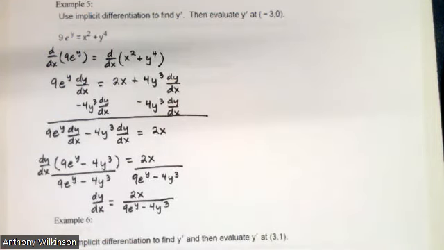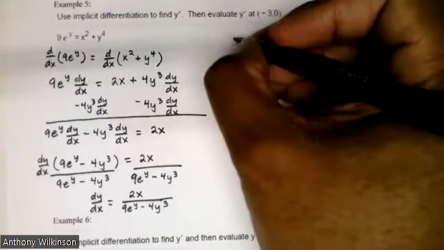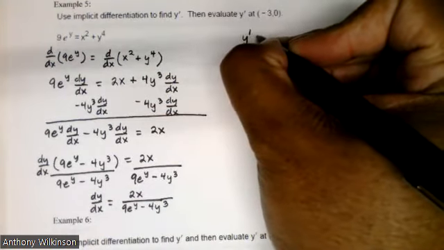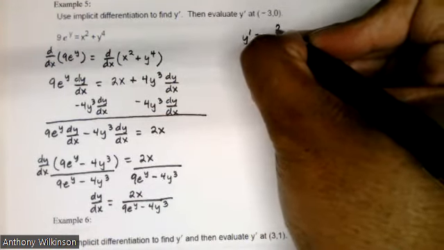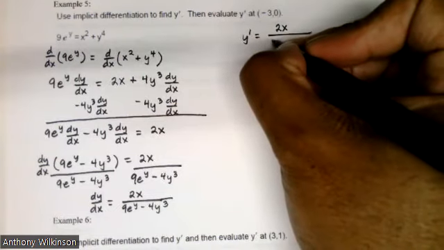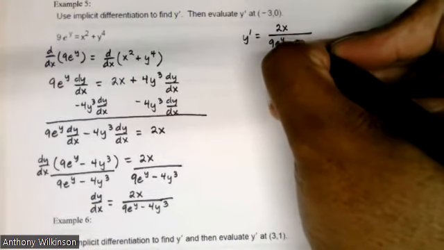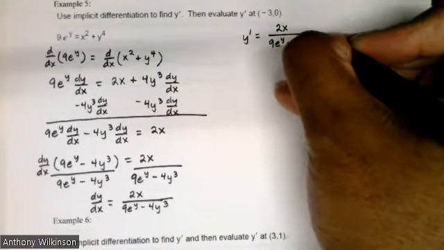So that's what dy dx is going to be: 2x divided by 9e to the y minus 4y cubed. And I'll write that as y prime up here: 2x over 9e to the y minus 4y cubed.